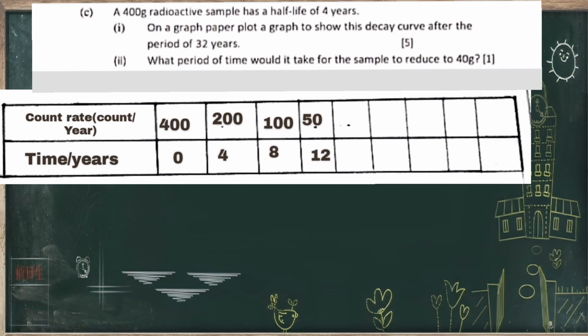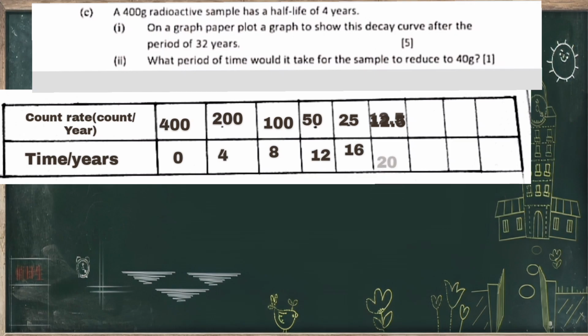Remember, our ending point here is 32. So 50 divided by 2, I'm going to get 25. Then 12 plus 4, I'm going to get 16. Then 25 divided by 2, I'm going to get 12.5.